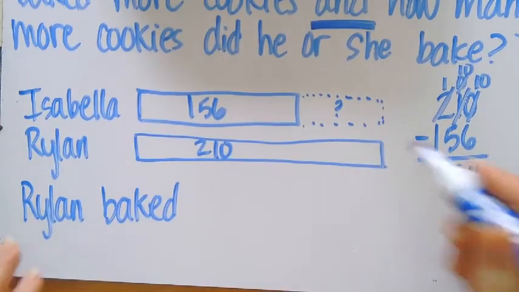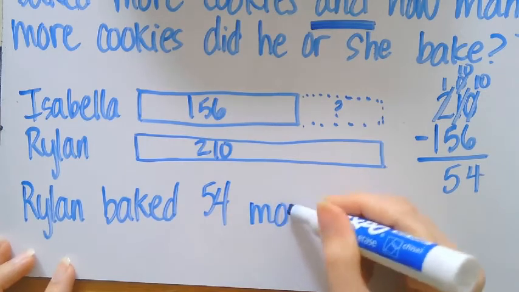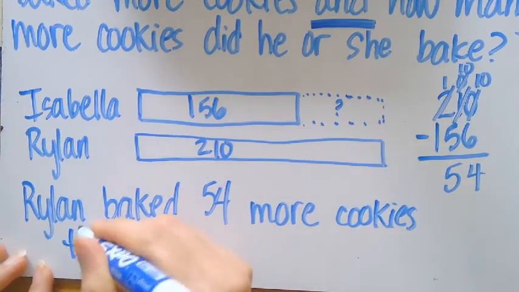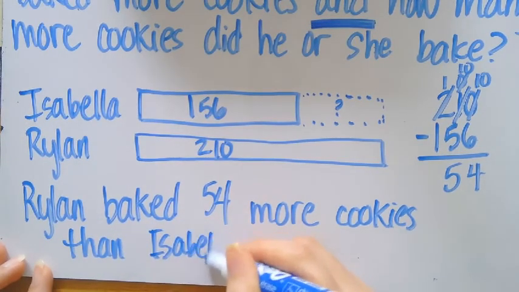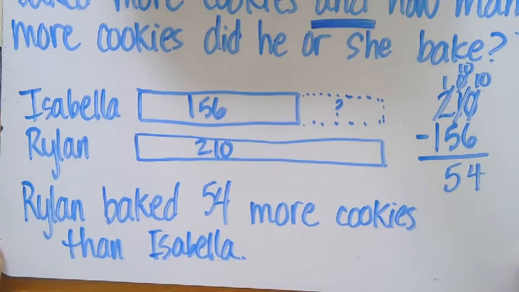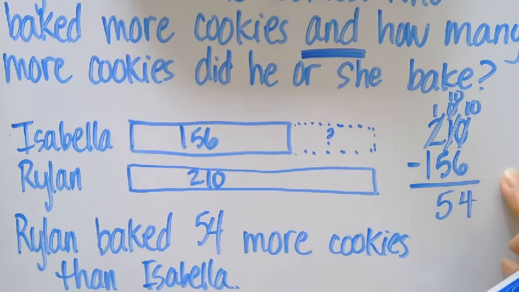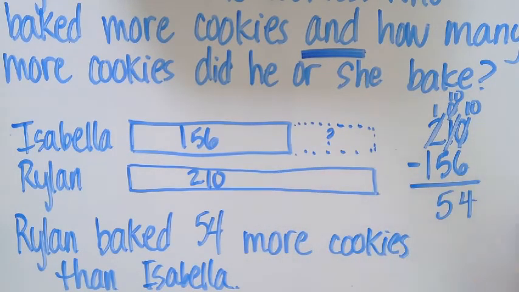Rylan baked 54 more cookies than Isabella. Check your work. Rylan baked 54 more cookies than Isabella. Is that statement true? Can we support it with evidence? Multiple pieces of evidence? Yes. You've checked your work.